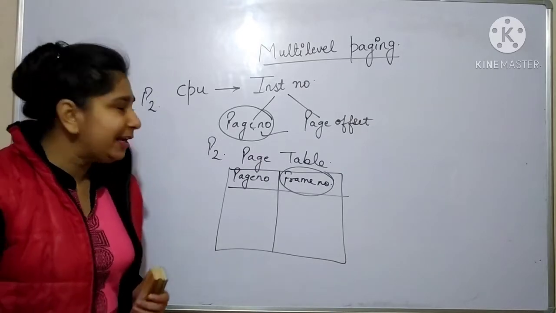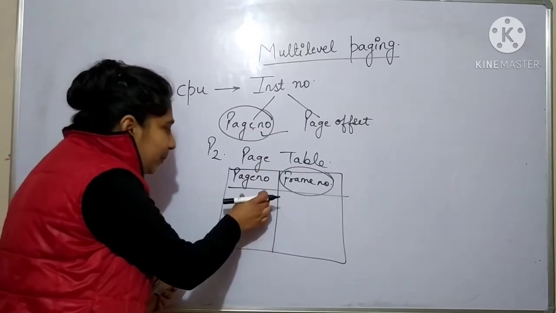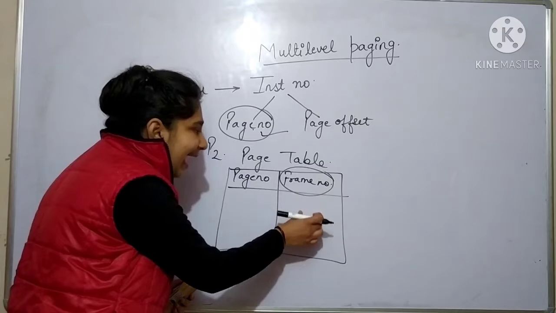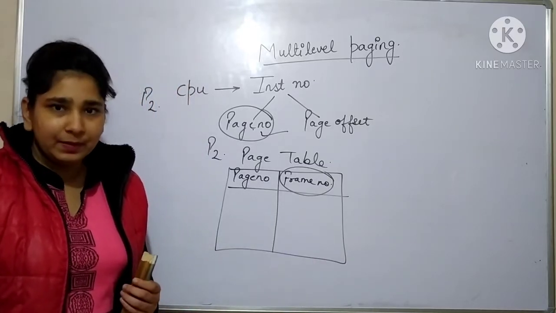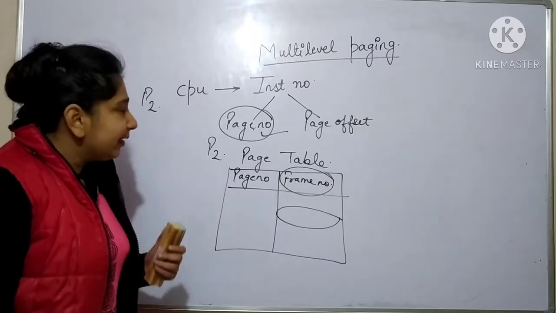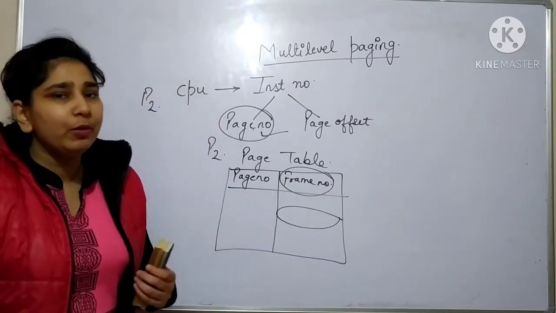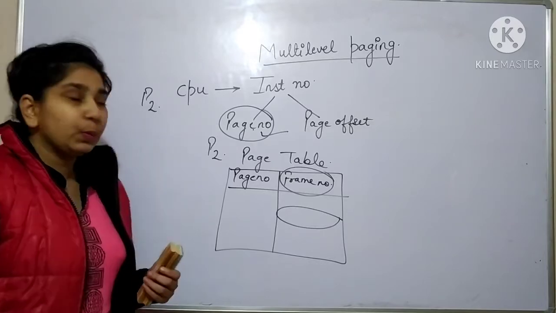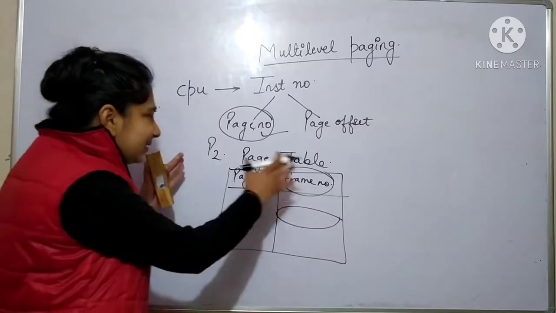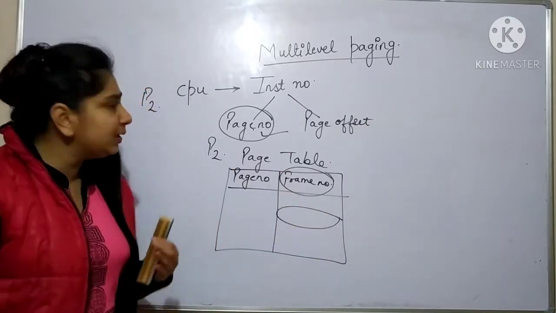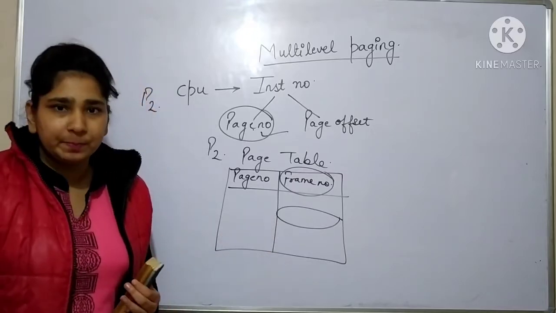With the help of the page table, we can determine which page is present at which frame number in the main memory. After reaching the required frame number, you will get the instruction number which your CPU needs. This is how we convert our logical address to physical address.